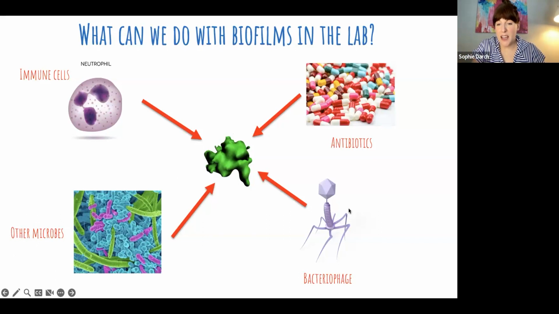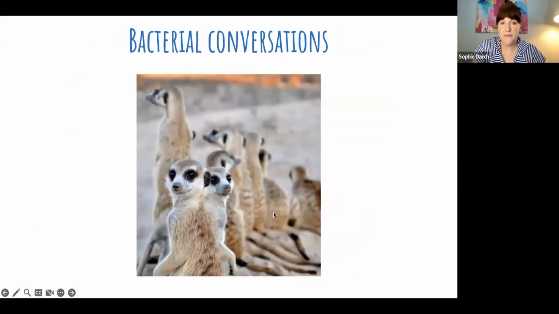And then something that you might hear about if you're reading different science articles or things in the news: bacteriophage. This idea of viruses that infect bacteria as a potential way to treat infections other than antibiotics. How do they interact with these little groups of cells as well? That's something that we can also study in the lab. So that's something that we're always working towards.